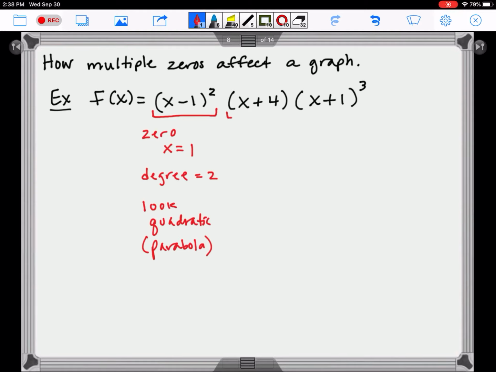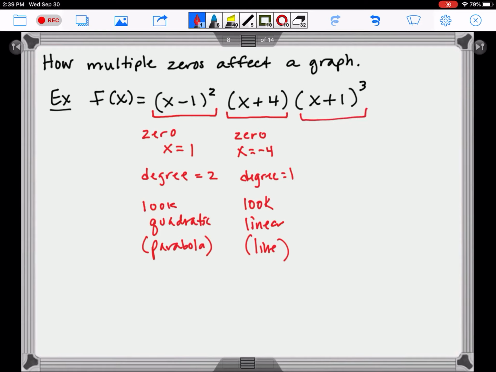Take a look at this x plus 4. Well, that zero is going to be x equals negative 4. It has a degree of 1. That means it's going to look linear. In other words, it's going to look like a line at the x-intercept, x equals negative 4.